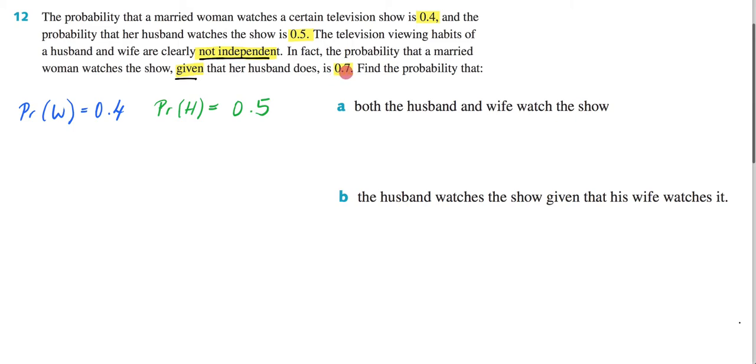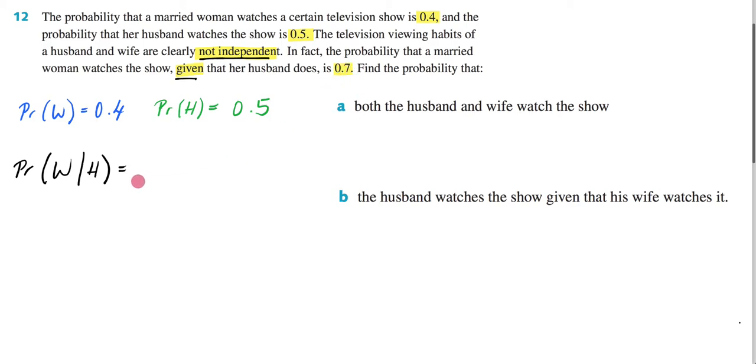And then we're given this conditional probability: the probability that the woman watches the show, given her husband does, is going to be equal to 0.7.